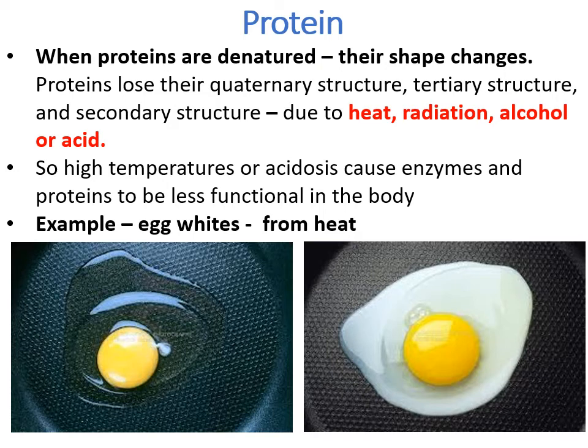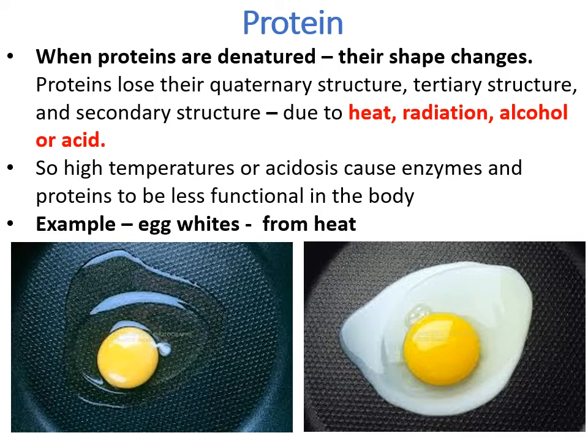So when we were talking about acidosis in the body, well, that's going to harm the protein shape. It's going to alter protein shapes in the bloodstream and in cells. Well, that's pretty serious. That's going to harm cells. It's going to harm the metabolic processes of the body. And that's why acidosis can be so deadly.